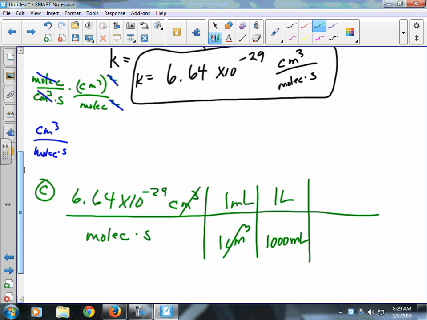Now we got to get rid of molecules and change it to moles. Is everybody good with what we've done here so far? All right. What is the relationship between molecules and moles?